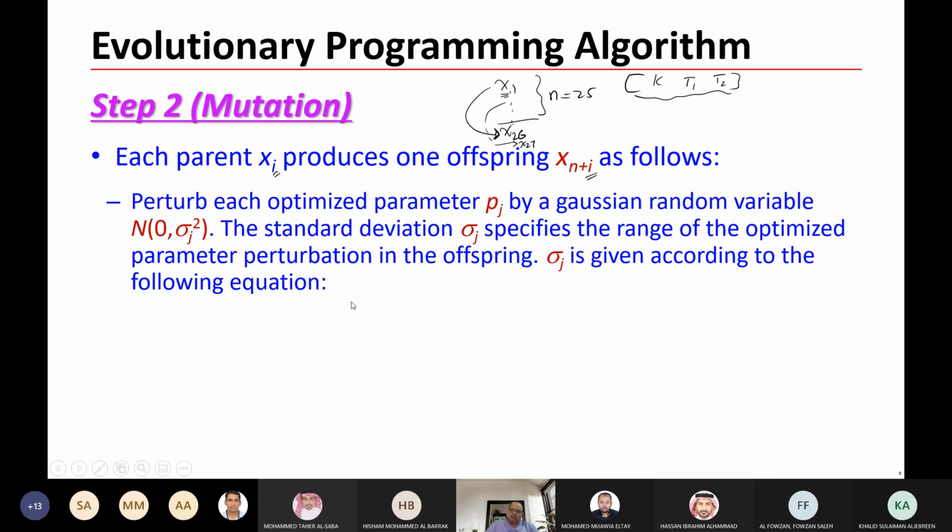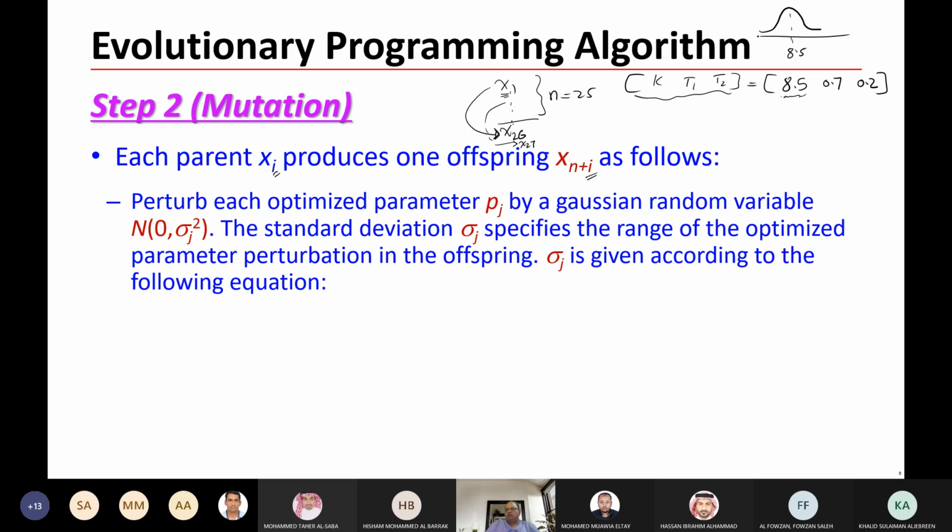So the idea here, you have this solution. This solution, for example, is 8.5, 0.7, and 0.2. So you will take this number and you will move around this number, but not uniformly, but with a Gaussian distribution. And this is 8.5. I can move around 8.5 with this probability.